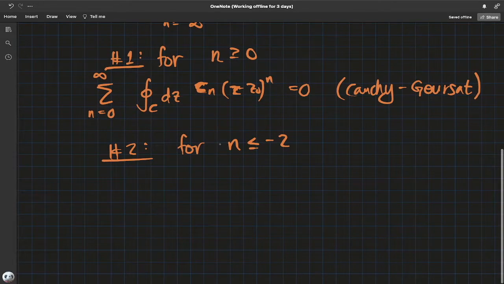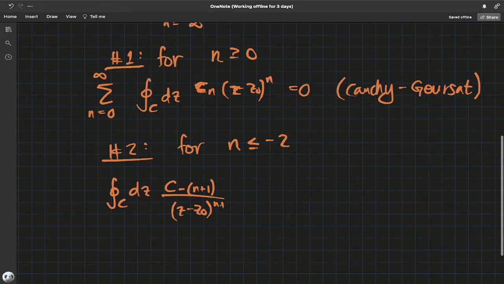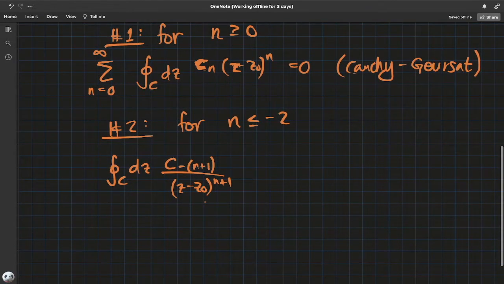If you write this out, dz, and we have c sub negative n plus 1, I believe, divided by z minus z0 to the n plus 1, and then you sum from 1 to infinity, if I'm not wrong.